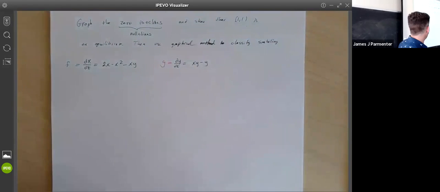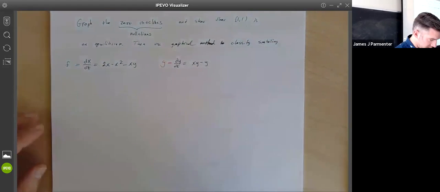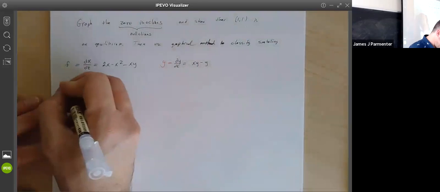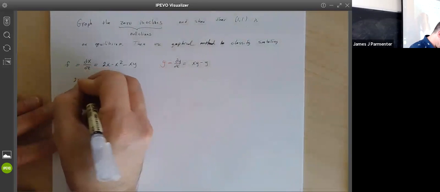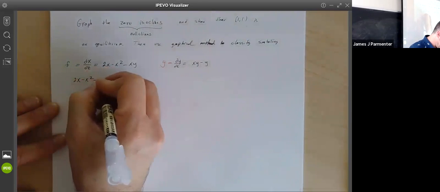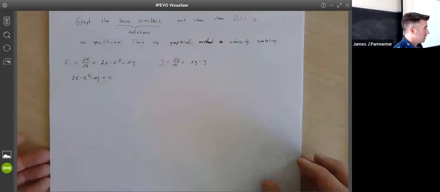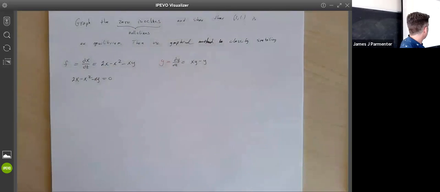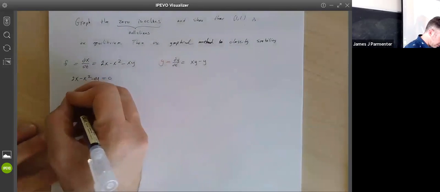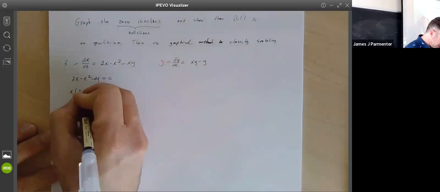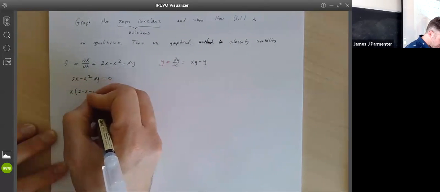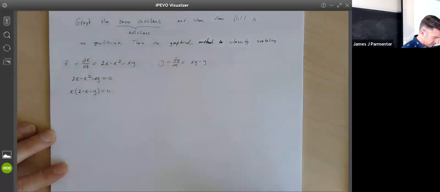So let's find the nullclines first. We're going to set 2x minus x squared minus xy equal to 0. And again, when you're doing this, you want to try and factor out as much as you can. Here I can factor out an x, so I've got x times (2 minus x minus y) equal to 0.